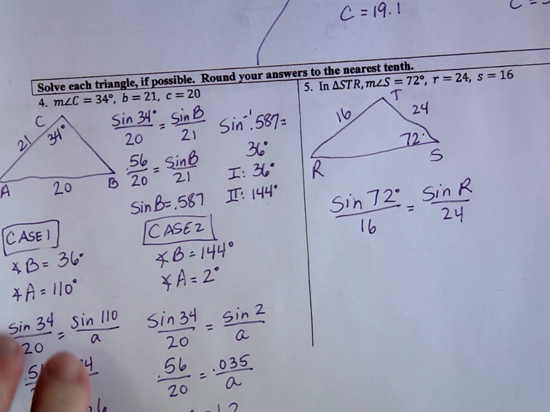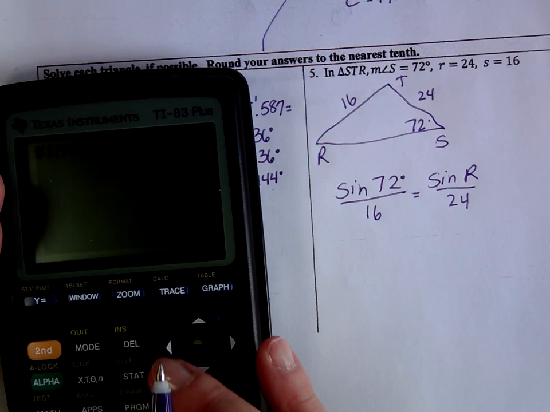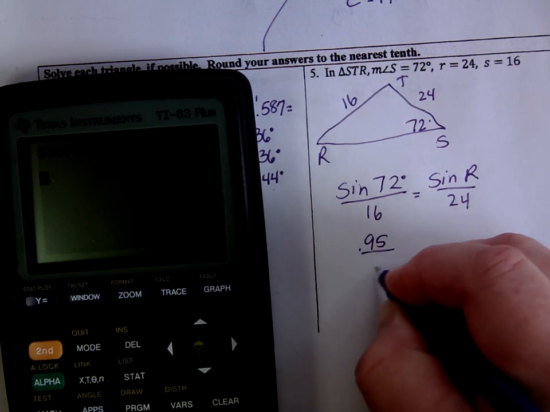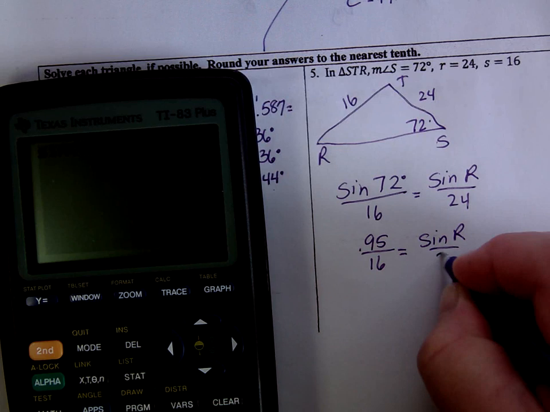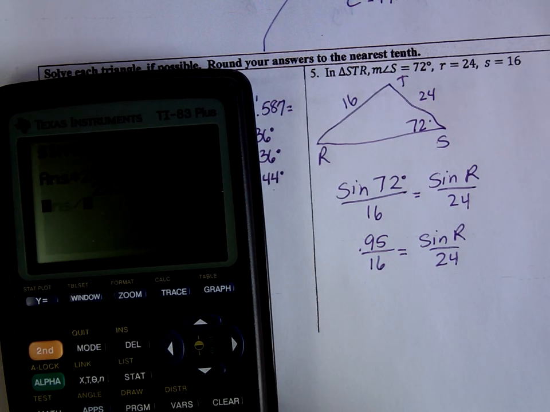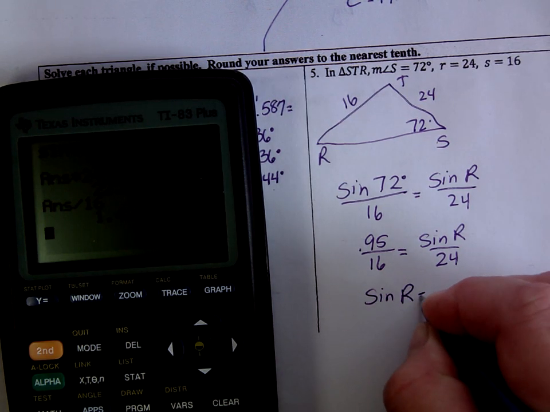And so I go to my calculator and I figure out, all right, well, what's the sine of 72? I get 0.95 over 16 equals the sine of r over 24. I take 0.95 times 24 divided by 16. Tells me the sine of r is 1.4.